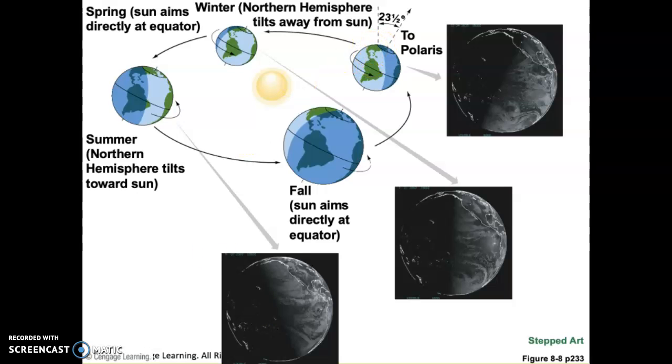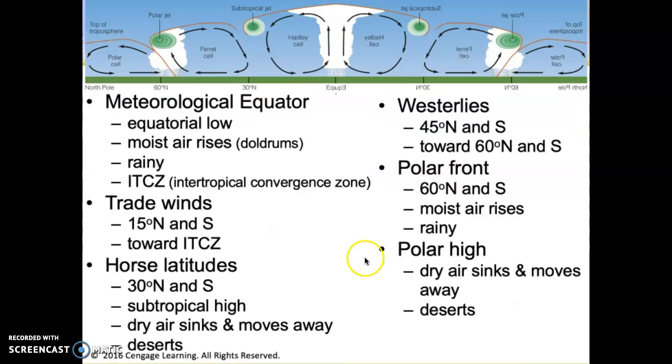And so all of the zones that we looked at on this slide will move north in our summer and south in our winter, which means that for our weather, this polar front will move south closer to our area in the winter, and it will move north away from our area in the summer.